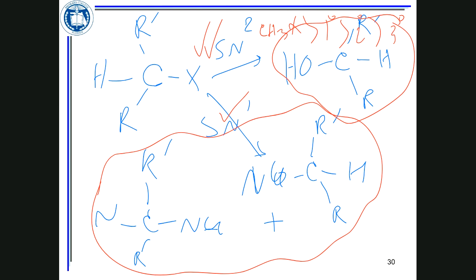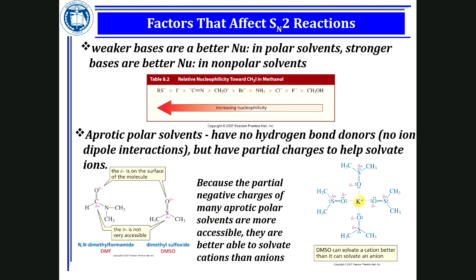We talked about a weak base as a strong nucleophile. So HI is a strong acid, and I minus as a result is a weak base and is a very good nucleophile. At the same time, it is polarizable, so it's going to act as a better nucleophile. So the stronger the nucleophile, the better the condition for the reaction to go through the SN2 mechanism.